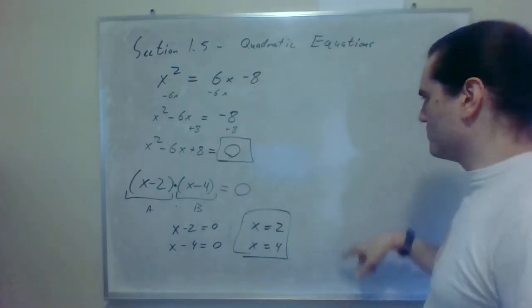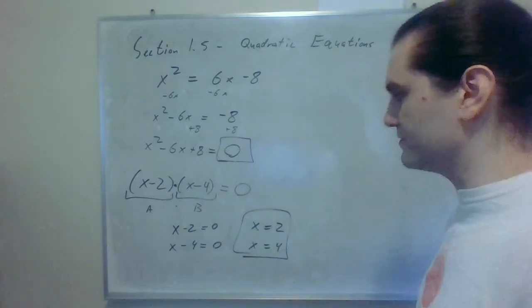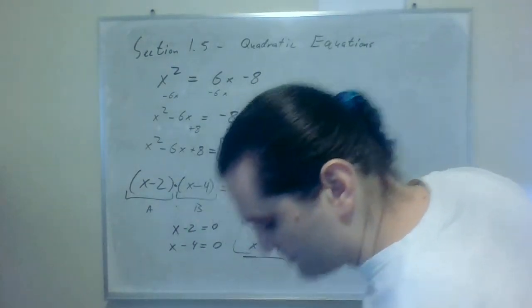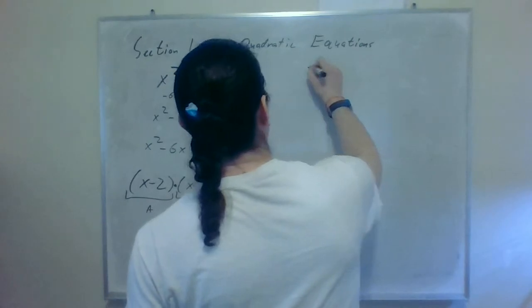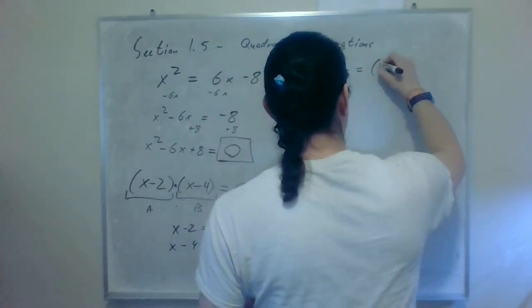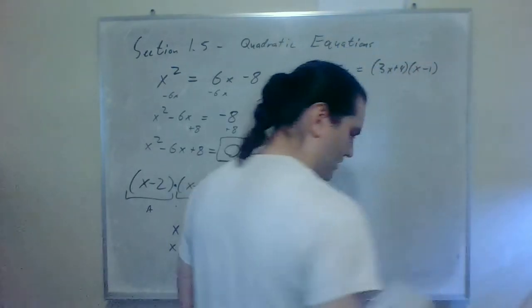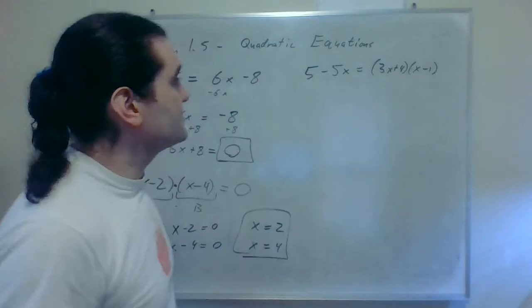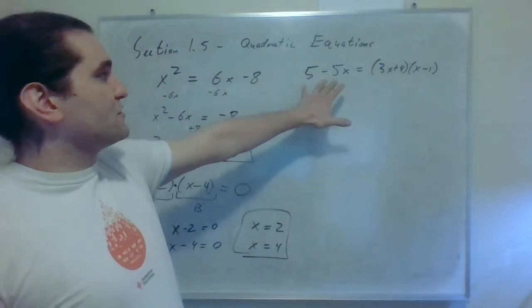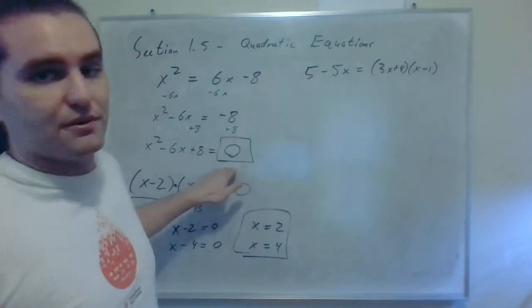I'm going to do one more like this, and then we'll talk about some other techniques for solving these things. So let's look at 5 minus 5x equals 3x plus 4 times x minus 1. Sometimes you're going to have to do some work on these before you can set something equal to 0.